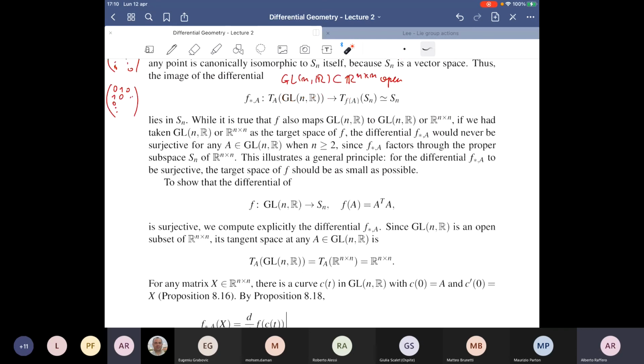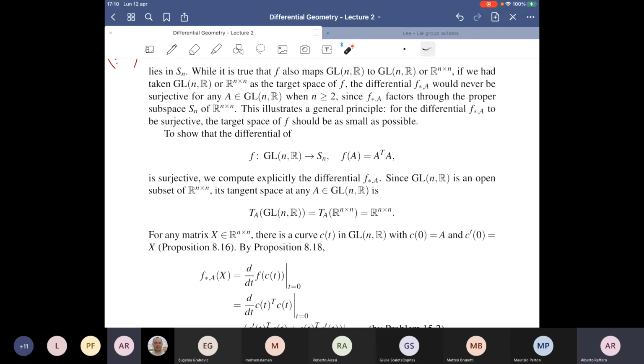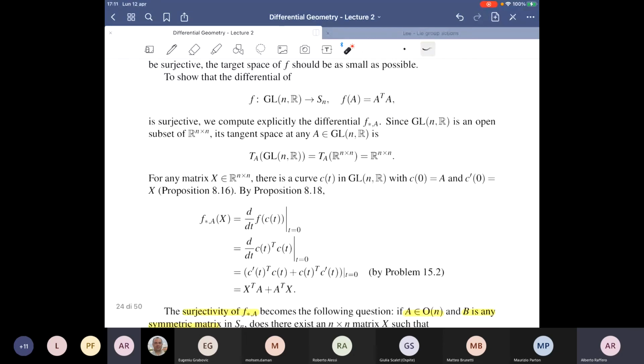And now we want to compute it. How can we do it? Well, we do as you discussed last time. We have to choose a curve in GLn R starting at the matrix A, whose velocity at time 0 is any matrix X. Any such curve can be considered locally, defined in a neighborhood of A. This is the content of the proposition that you discussed in the first lecture.